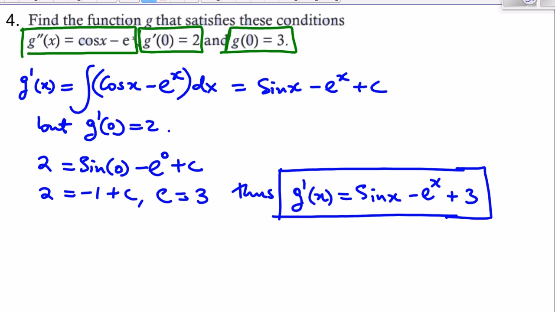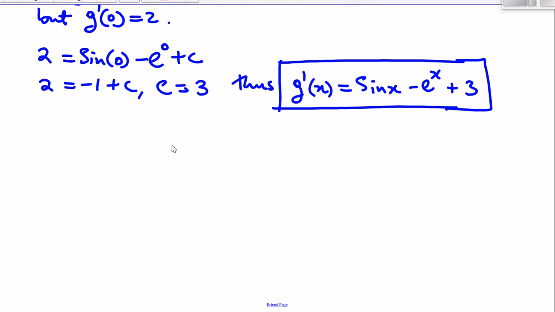So we have our gradient function, which means we can find our original function. And to find the original function, all we need to do is integrate the gradient function. So that will be our next and final step.